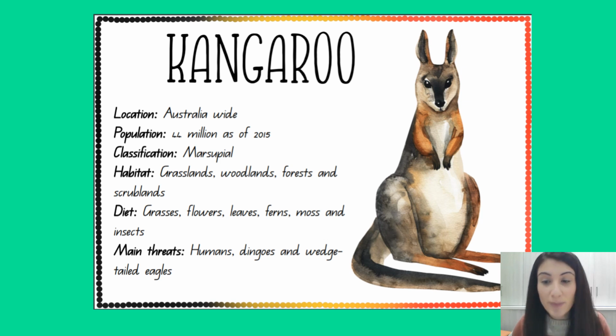So this is a page about a kangaroo, as you can see. It's got all sorts of information on it, like the classification, the habitat, the diet. They are some of the things that you might need for your gathering information chart.